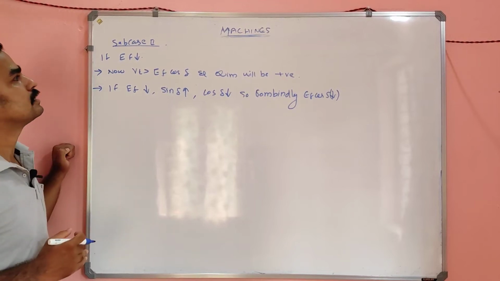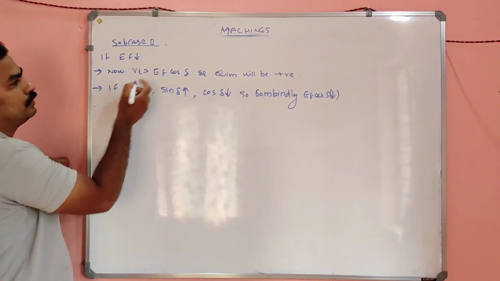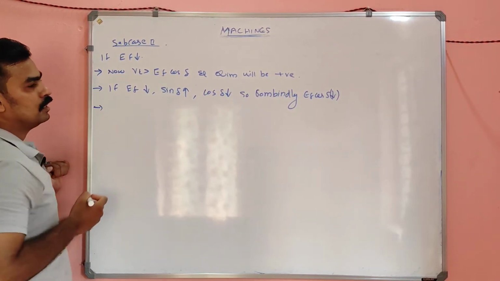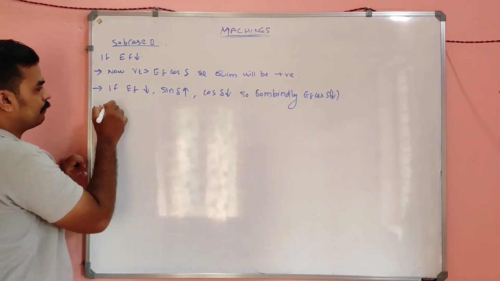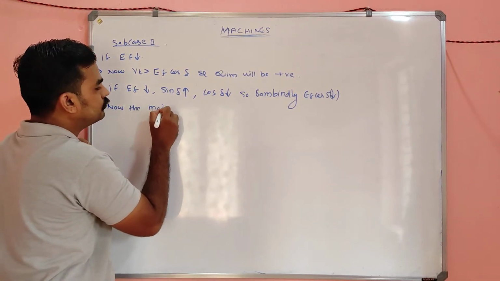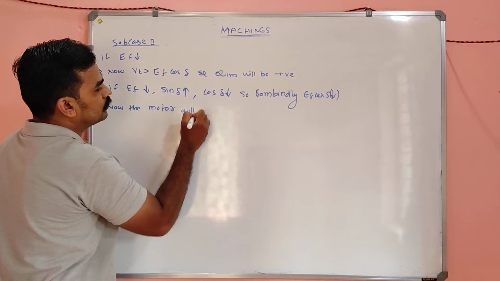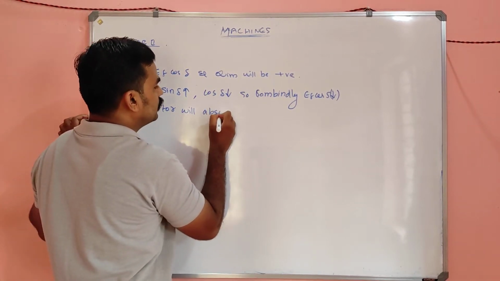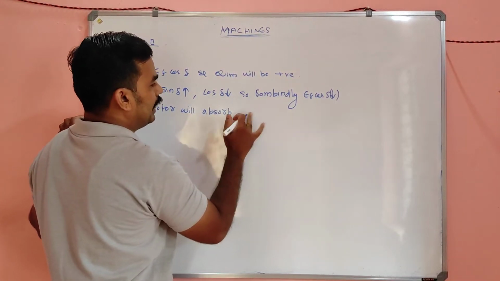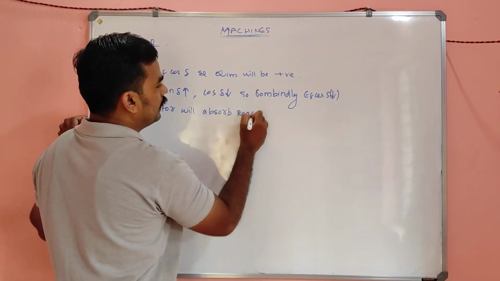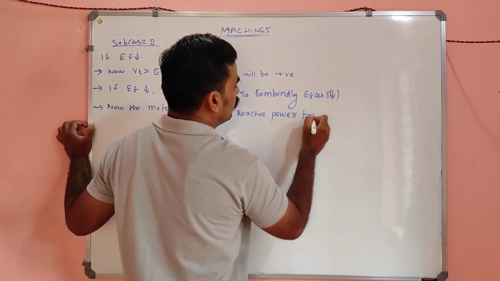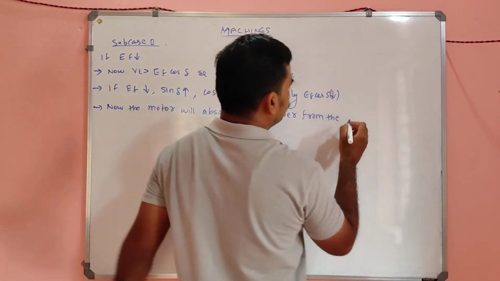So combinedly Ef cos delta will decrease. So Vt will be greater, and Q will be positive. Q positive means what, my dear? Now the motor will absorb reactive power from the supply.